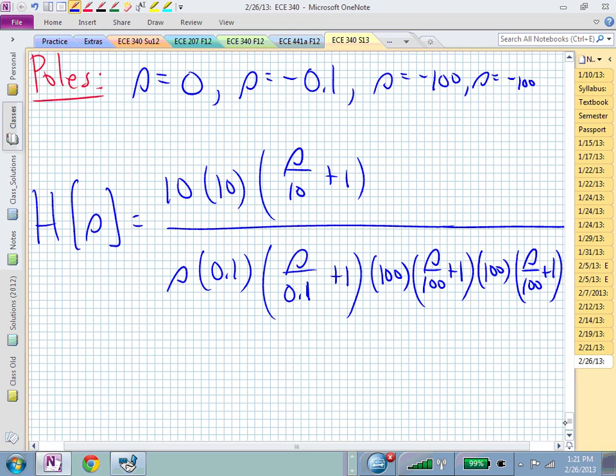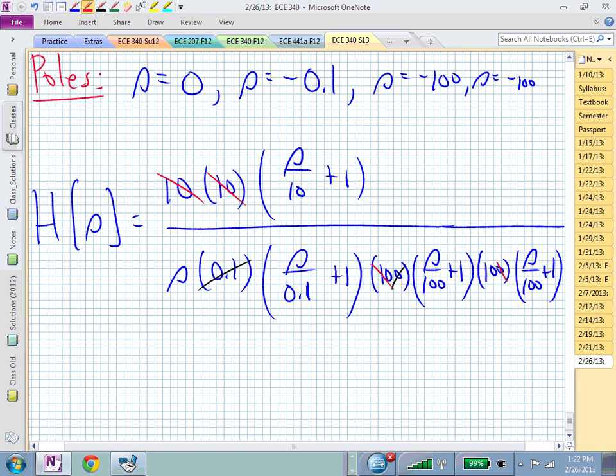Meaning, what do I want to do? Well, I can clean this up. I can say that cancels one of those, and this 10 cancels that 10, and this 10 cancels one of those.